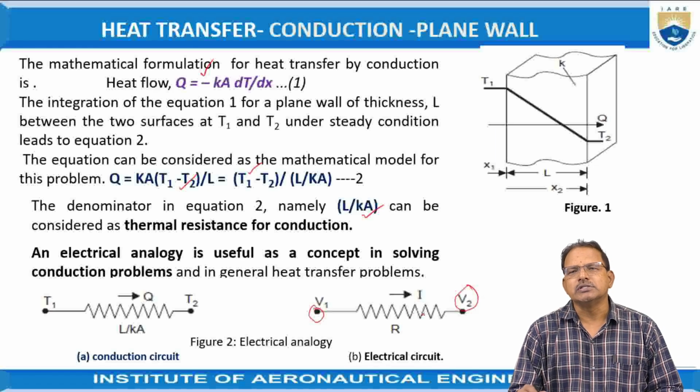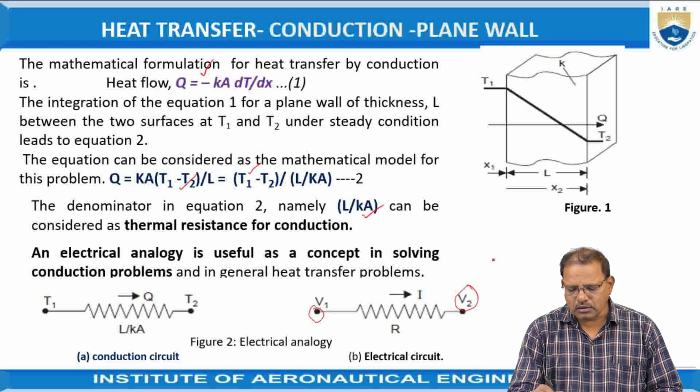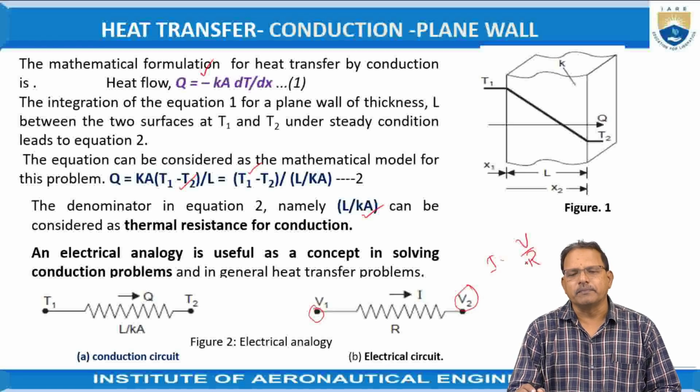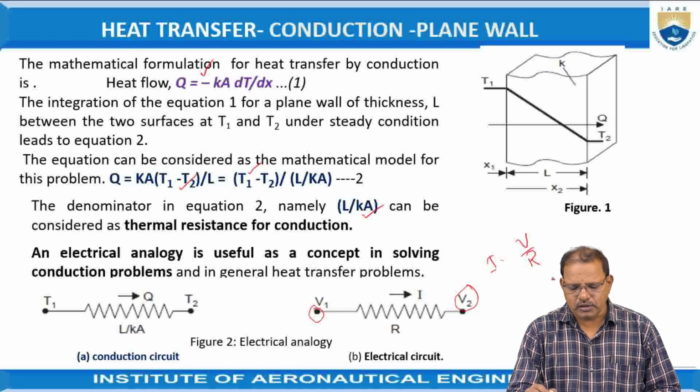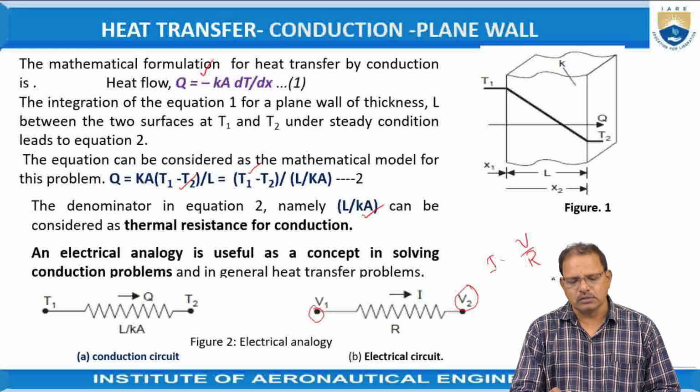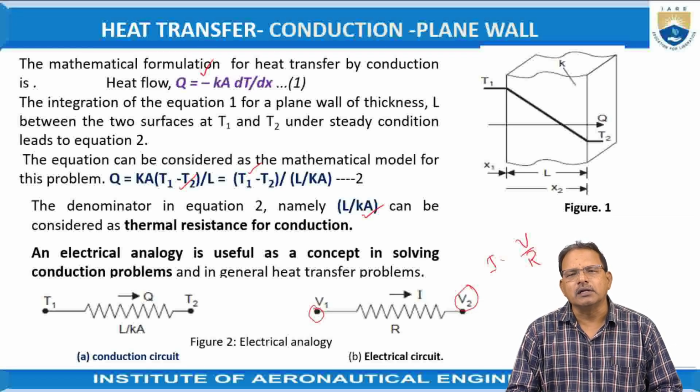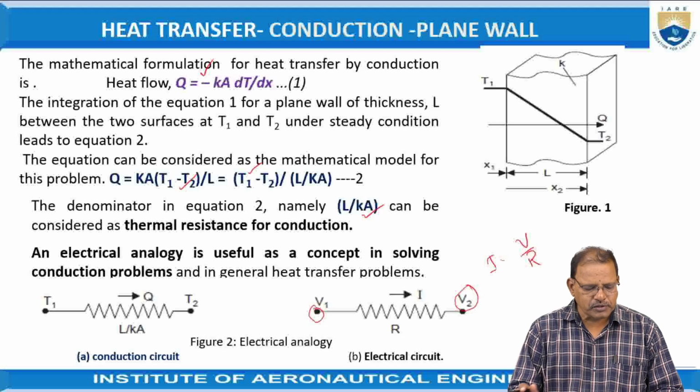Let R be the resistance offered by the conductor and I the current flowing. So I is equal to V by R, where V is the change in voltage divided by the electrical resistance.